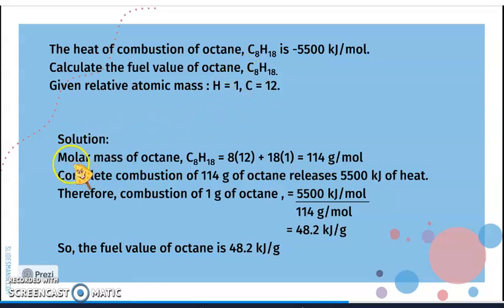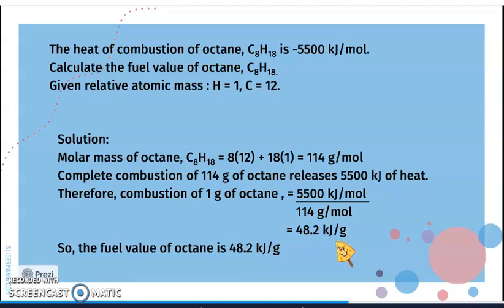So first calculate the molar mass of octane. The molar mass of octane is 114 gram per mole. Okay, so the fuel value, 5,500 ini adalah heat of combustion divided by molar mass of octane 114, so we get 48.2 kilojoule per gram. Unit for fuel value is kilojoule per gram.